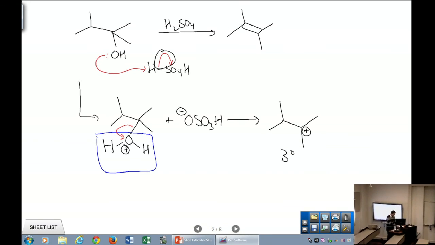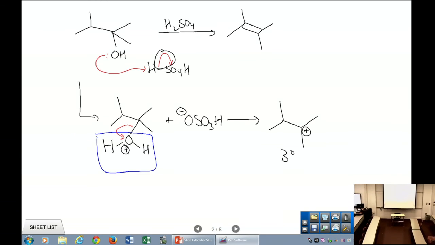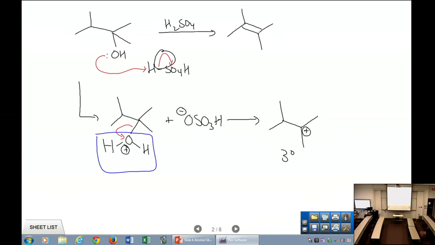Now, at this point, you will have something act as a base. Typically, it can be the water molecule you just made, or another molecule of your starting alcohol, right? But you need something to come by. We'll use the alcohol in this case. You need something that can come by and now remove this hydrogen, have those electrons come down, and that will lead to your product.